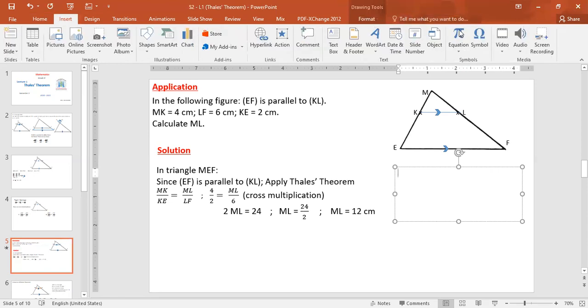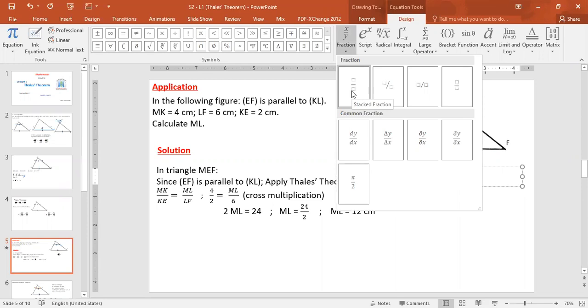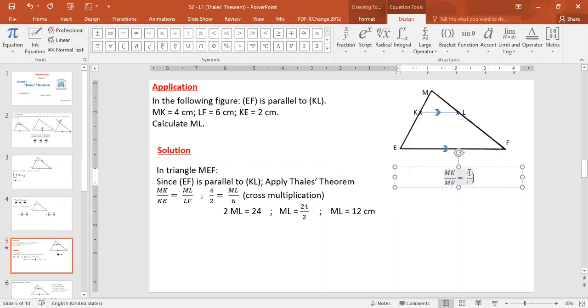You said, if we apply Thales theorem, MK over ME is equal to ML over MF is equal to KL over EF.